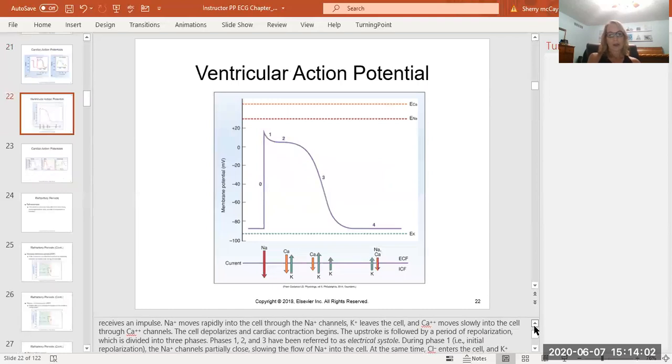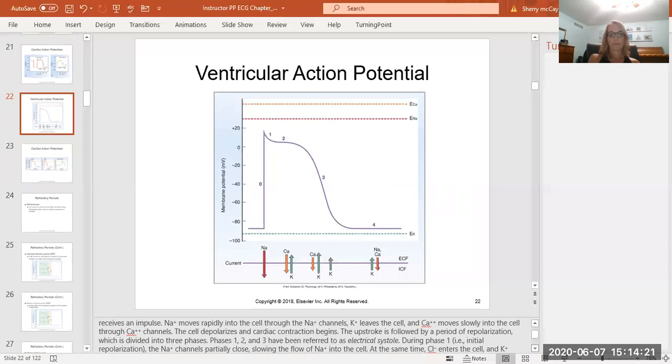Then the cells depolarize and cardiac contraction begins. The upstroke is followed by a period of repolarization, which is divided into 3 phases, phase 1, 2, and 3. This is called electrical systole.